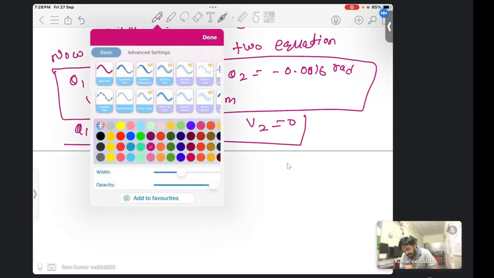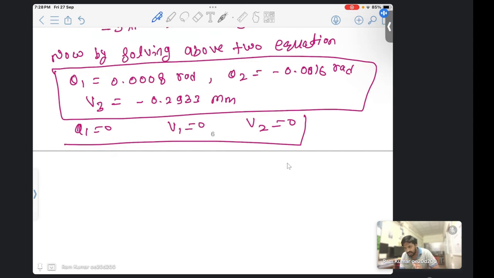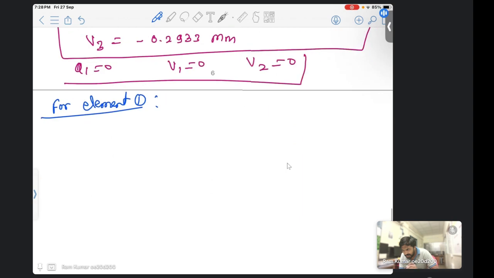Now we are going to find the displacement at a particular location for element 1. For element 1, length equal to 400 mm, given. Note the displacement d, or delta, equal to B1, theta 1, B2, theta 2.